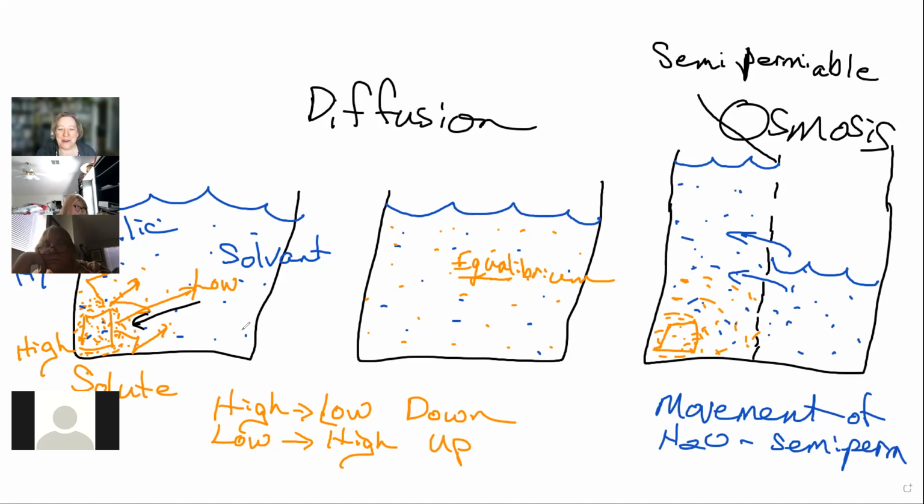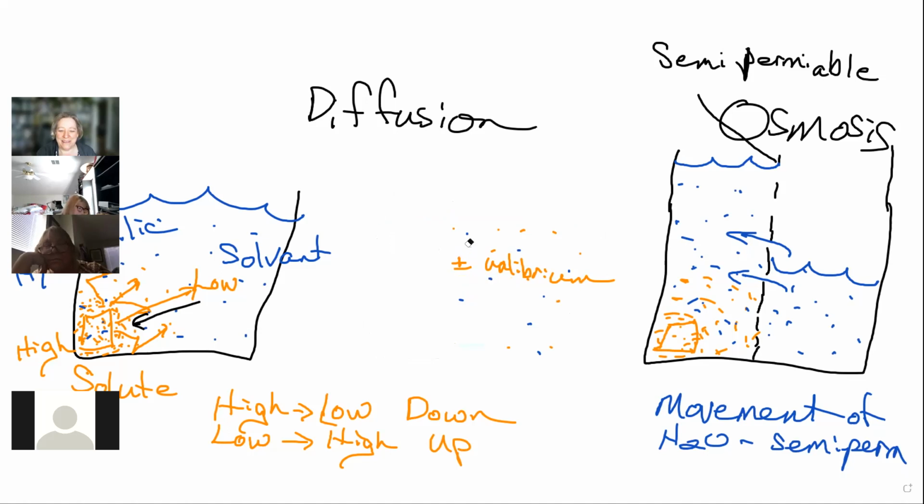Let me show you what's actually going on. I'm going to blow this area up so that we can see what's happening on a molecular level. All right, so I've got this barrier, and sugar.